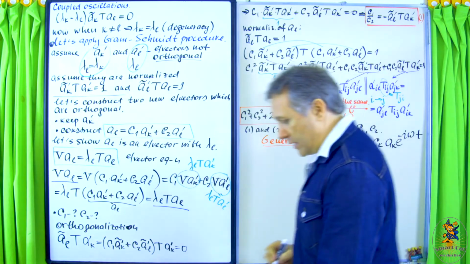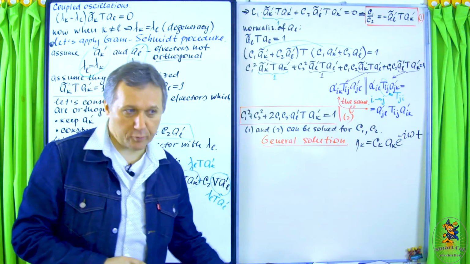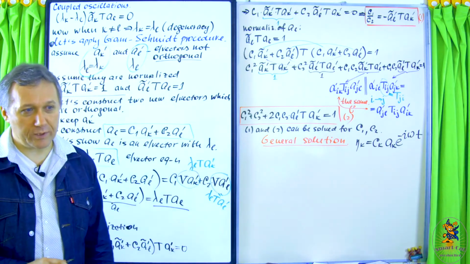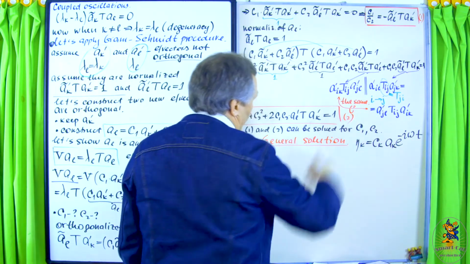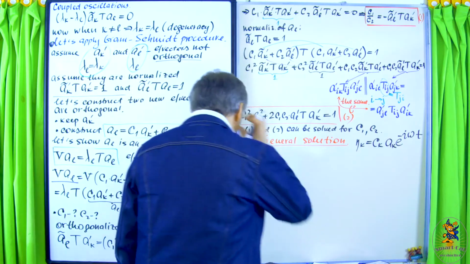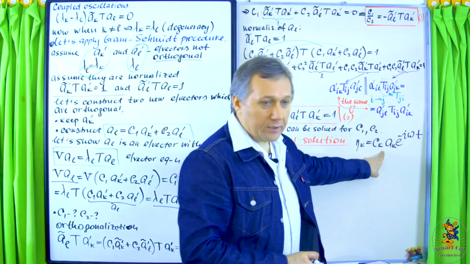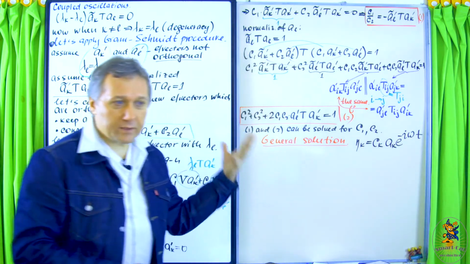So that was our candidate for a solution, in a complex form. Of course, at some point you have to take the real part. C k is a complex constant, so let's reveal its complexity.